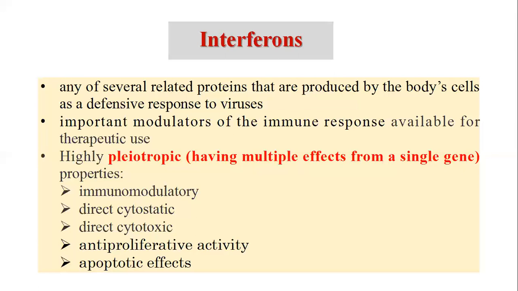These glycoprotein molecules have highly pleiotropic properties, which means a particular gene has multiple effects or multiple functions. So what are the properties? They can function as immunomodulatory action, direct cytostatic action, direct cytotoxic action, anti-proliferative activity, as well as apoptotic effects.